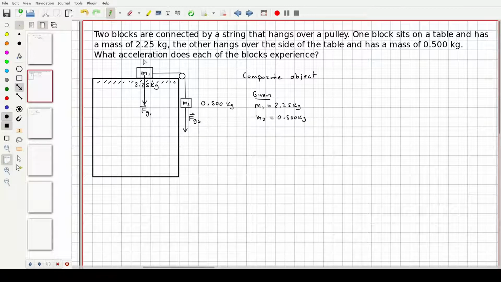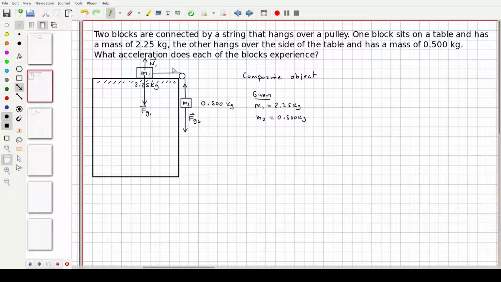Now, both of their weights are obviously due to the acceleration due to gravity. Since this pushes into the table, there's a normal force, like this, which I'm going to call N1 just to associate it with the first mass. Now, there's a string present. Strings convey forces via tension. So as this mass pulls down, the string is going to become taut and there'll be an upwards tension like that.